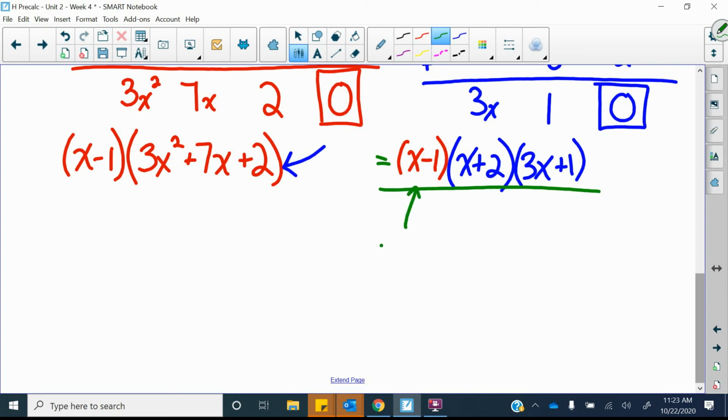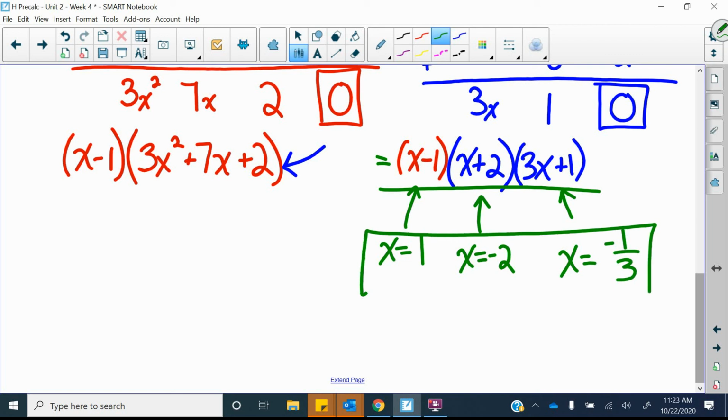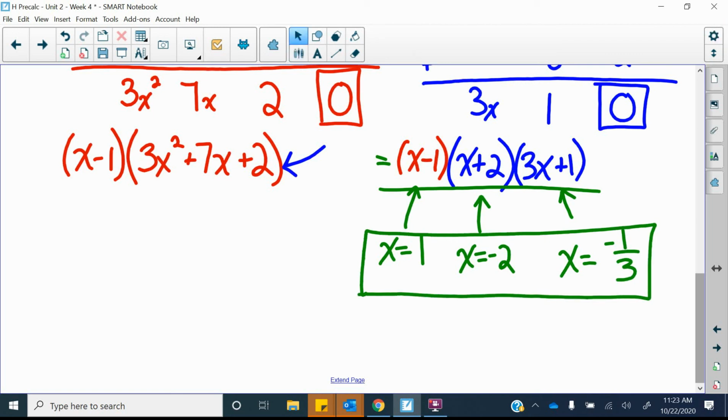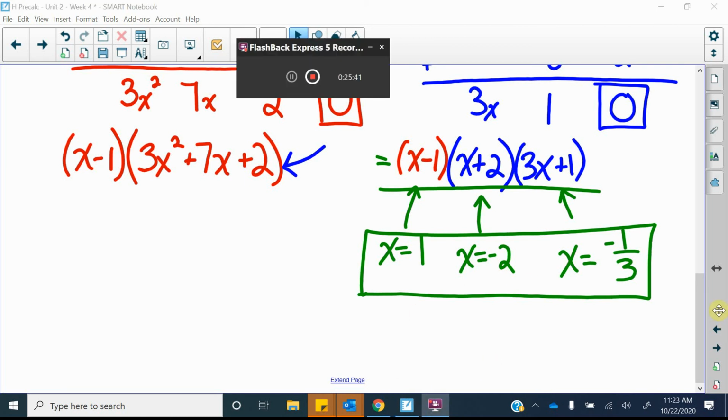If you notice, we end up with an x value of positive 1, an x value of negative 2, and an x value of negative 1/3. Since our polynomial has a degree of 3, it works out that we have all 3 zeros here, and they are all rational.